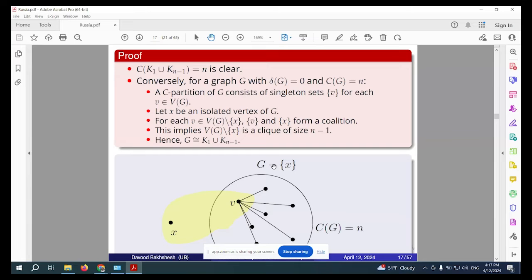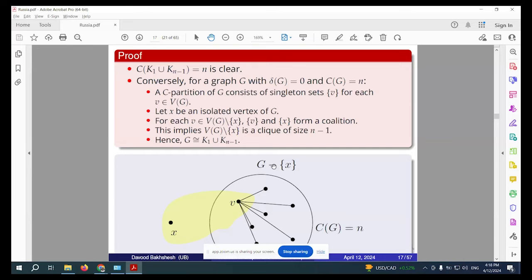Then, according to this assumption, a coalition partition for G consists of singleton sets {v} for each vertex v in G. Since delta G is equal to 0, we can assume that G has an isolated vertex; let x be an isolated vertex of G. Since x has no neighbor in G, for each vertex v in V minus x, the sets {v} and {x} form a coalition.